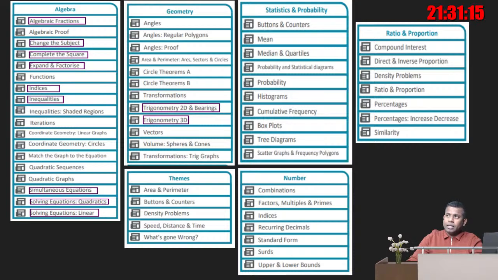We already did that in the first and second class, and in the third class we talked about the trigonometric sections. In the last class we already did nearly 10 questions in trigonometry, the standard trigonometric questions and some advanced trigonometric questions.